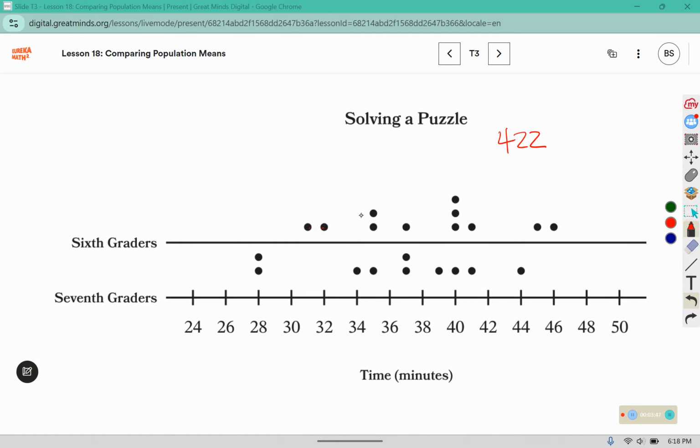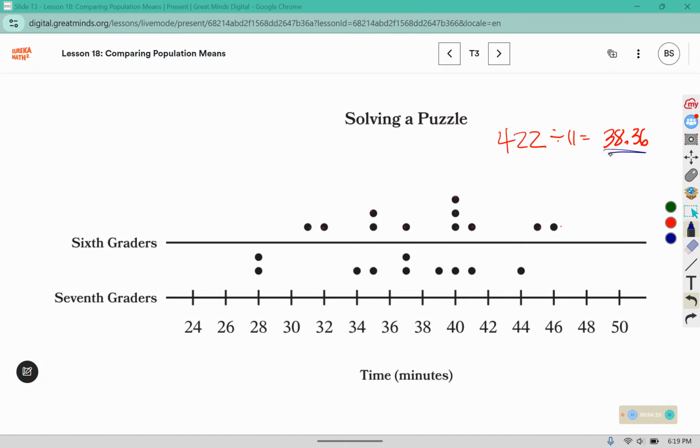But then we need to divide by 11 because there are 11 dots. That gives us a mean of approximately 38.36 if we round.